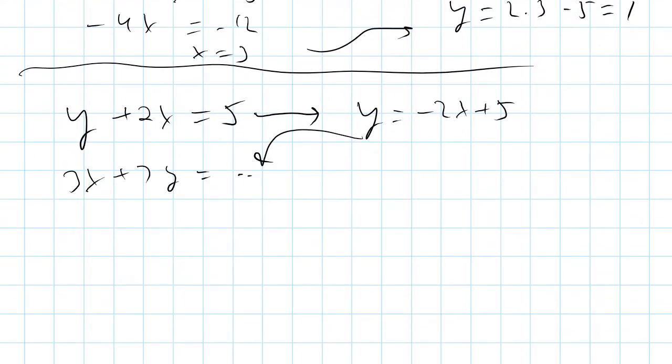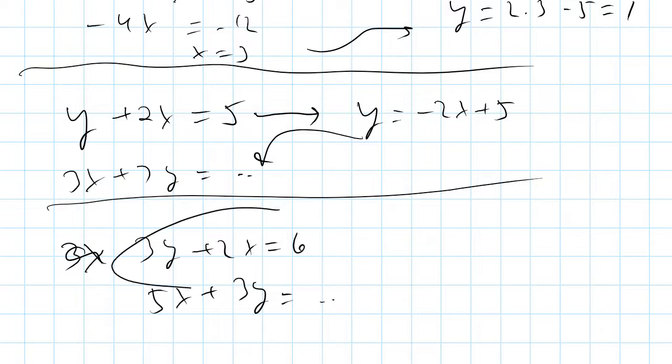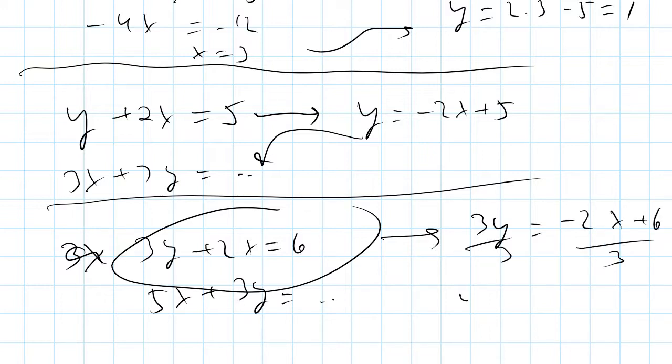And we could do ones, I suppose we could even go 3y plus 2x equals 6, and 5x plus 3y equals whatever. And say even in this one, it would be kind of annoying, but we could do minus 2x plus 6 divided by 3, y equals negative 2/3 x plus 2. It might be inconvenient to do that.